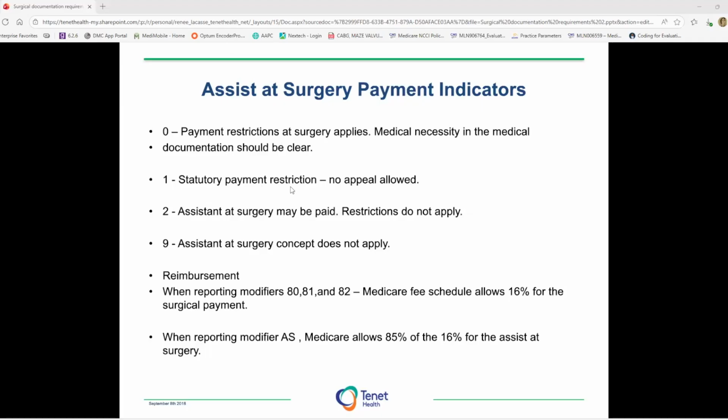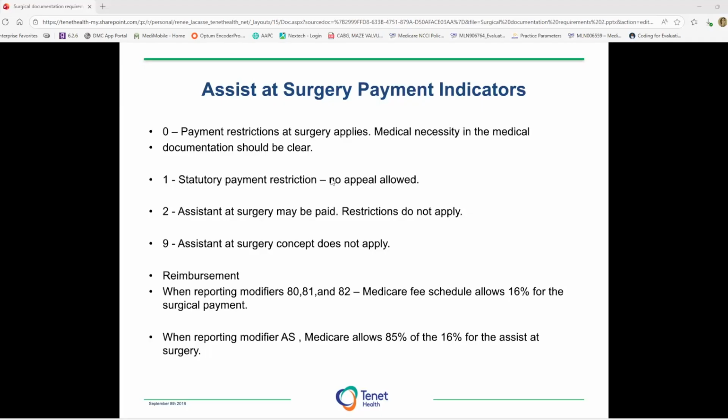Statutory payment restrictions, it says no appeal allowed. So we will submit it with the assist information in there because they will come back and request the documentation when they see this payment code. We will submit the notes for them and they may or may not pay for it. If they feel that it's allowed, then they will go ahead and pay.